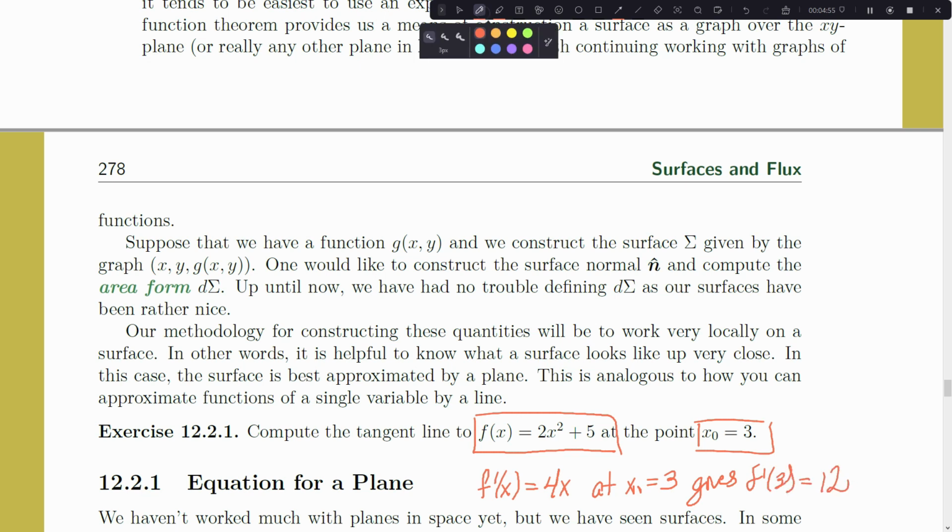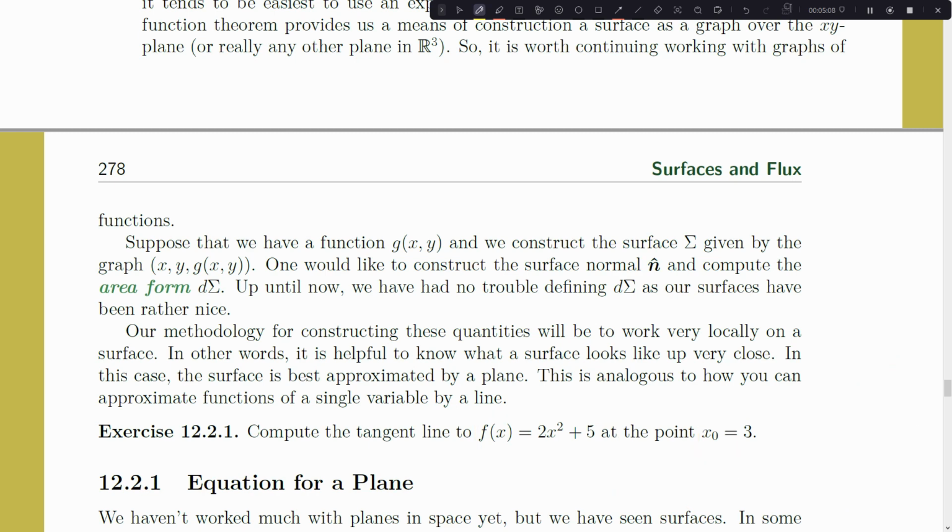And we interpret the 12 as the slope of the tangent line. So now that we have a slope, 12, we need a point, and slope and point gives a line. So my slope was 12. My point here is 3, f of 3. Which if I evaluate f of 3, I guess I get 18 plus 5 is 23.